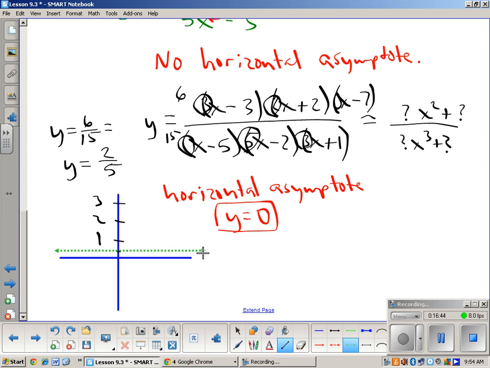But you still want to identify where your asymptotes are and make it clear when you draw your graph. Then if you look at your calculator from there, I'm okay with that.